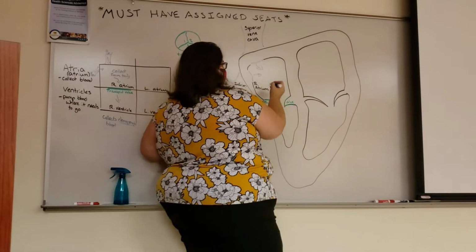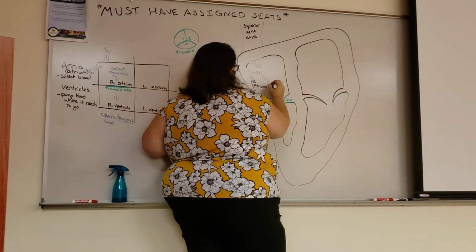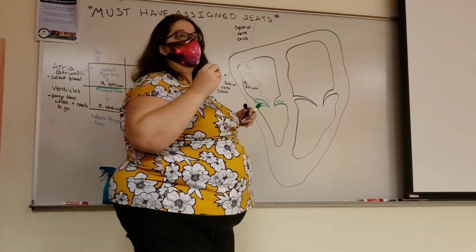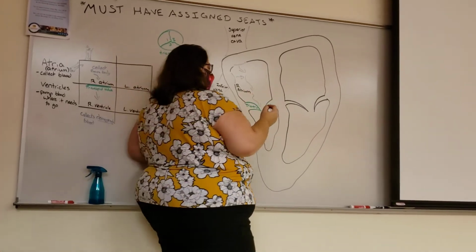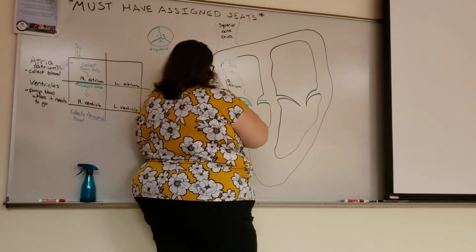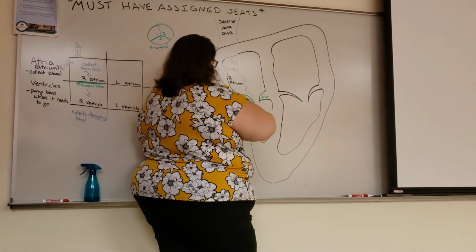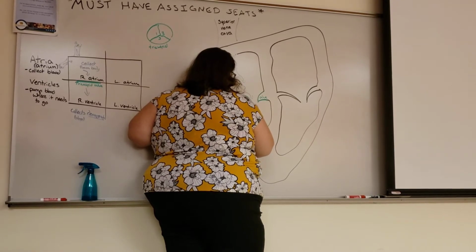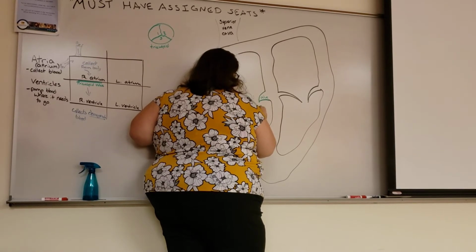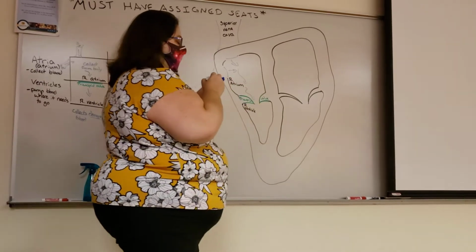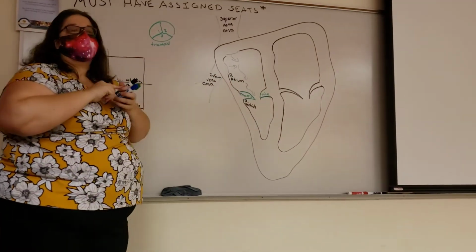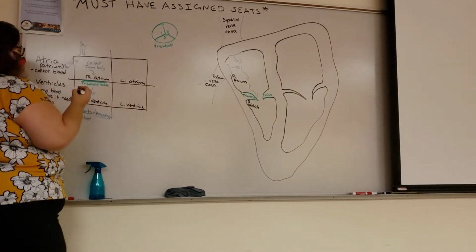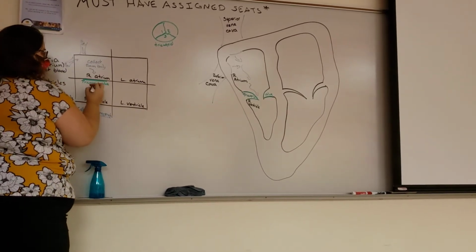So all this deoxygenated blood flows down past your tricuspid valve into your right ventricle. So the right ventricle's job is to get blood to the lungs.